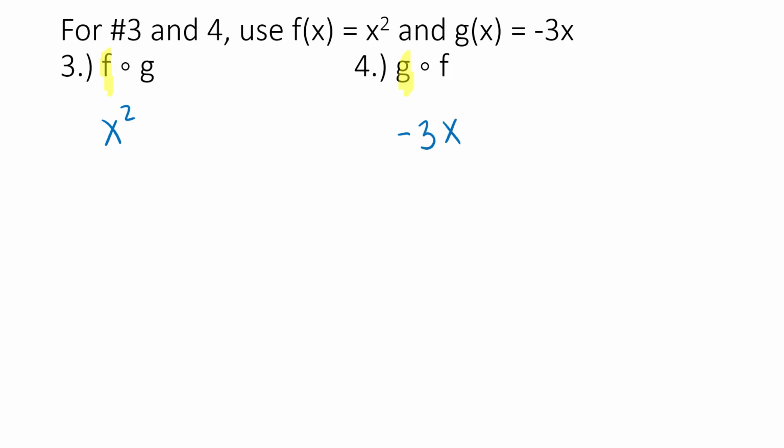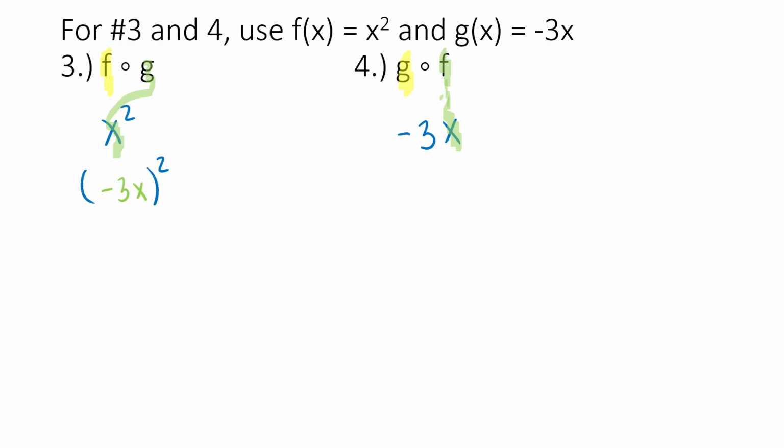And as with before, we're going to take the second function and it's going to go in wherever we have an x. Okay, if you've got multiple x's, then you are going to have multiple substitutions.